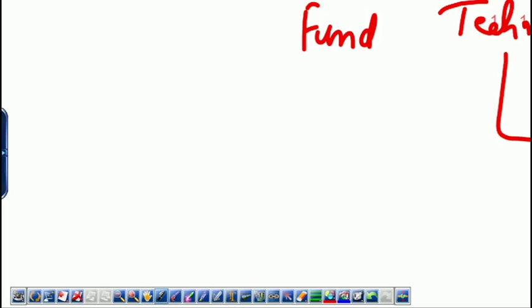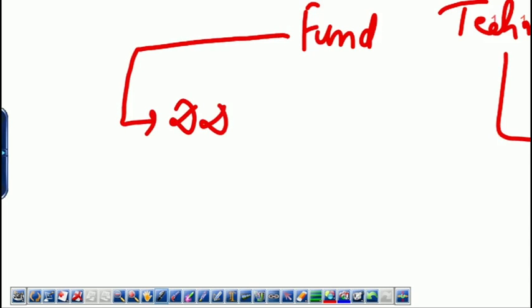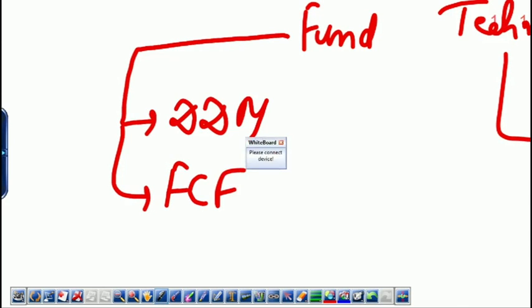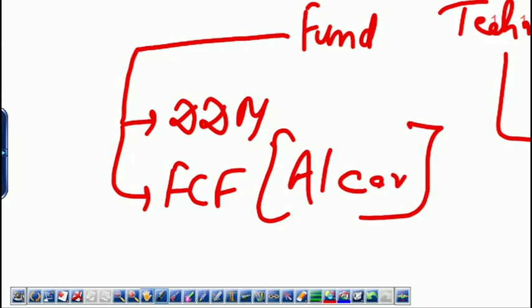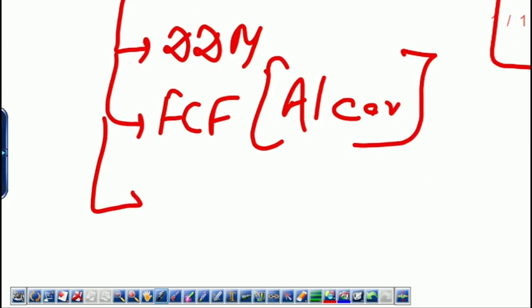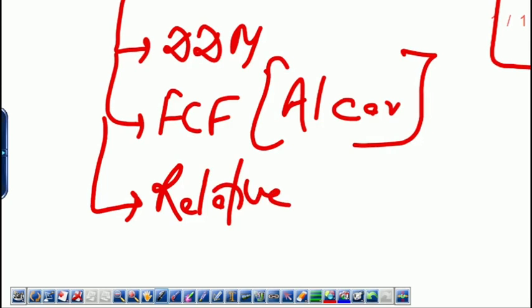Now fundamental analysis, it's all about valuation, where we do DDM, where we do the free cash flow approach including the Alcar model. Then we have relative valuation, that is the P/E ratio and all that.